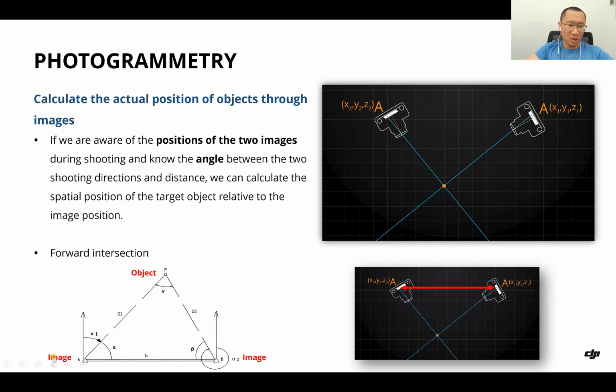If we know the positions of image A and image B, we can definitely know the length between A and B, right? And if we also know the angle alpha and the angle beta, using the mathematical forward intersection, we can calculate the position of object P. So this is very simple. We use the forward intersection.